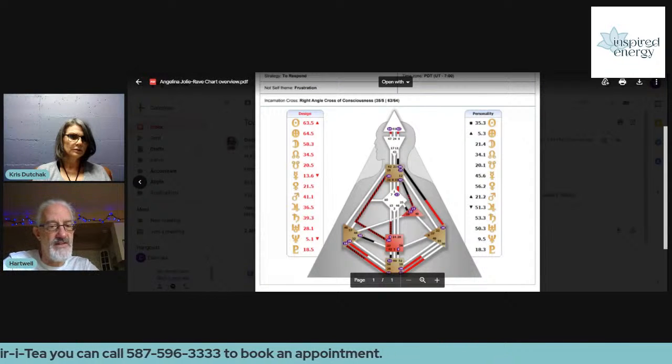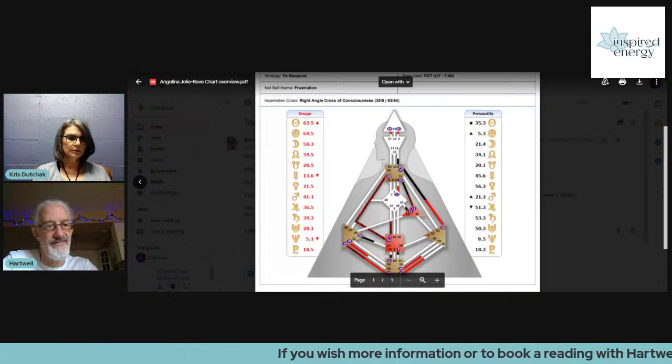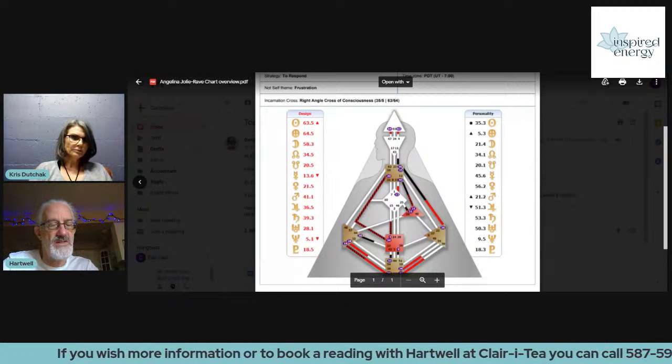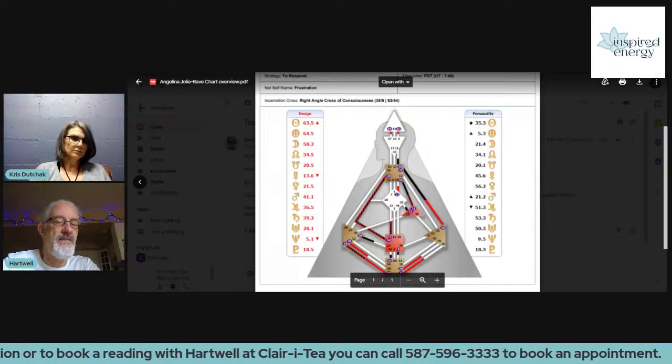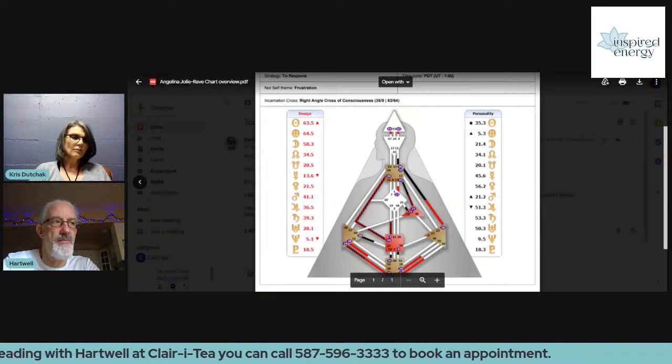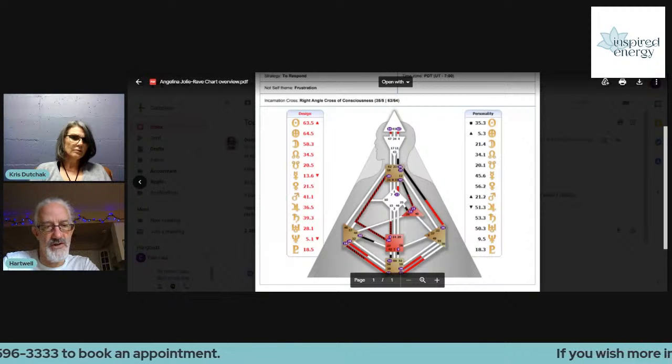It also defines our type, and our type, strategy and authority rise out of our definition, because this is the center of our being, and over time this is what is unfolding. This is how we evolve. Over time we evolve into the fullest expression of what is defined in our chart.